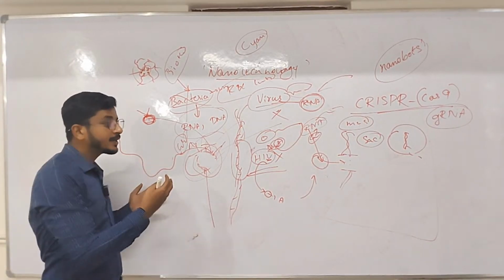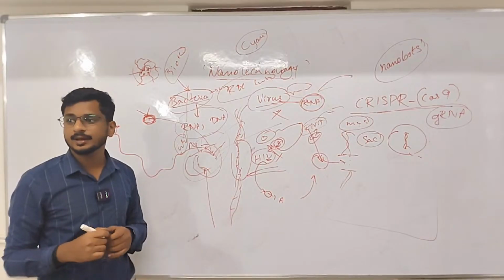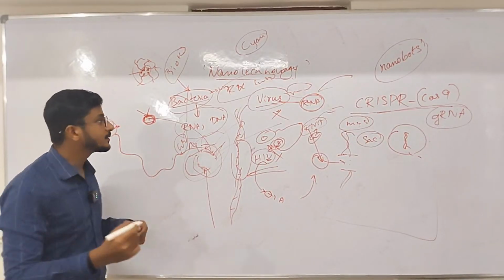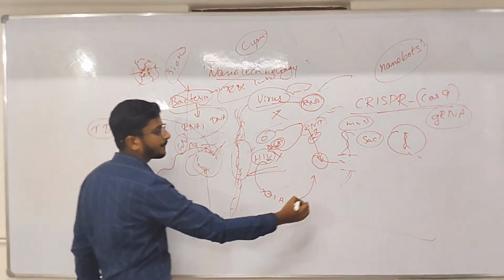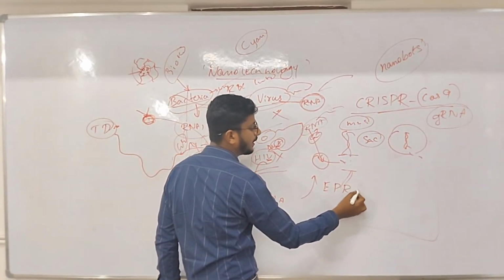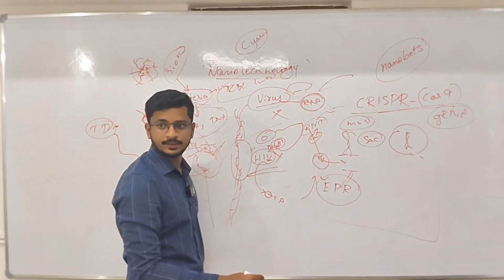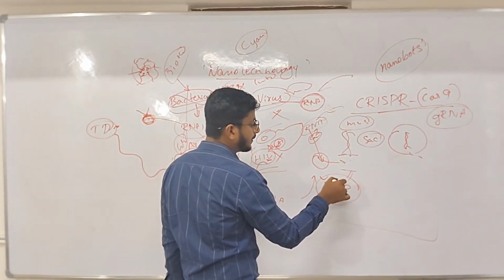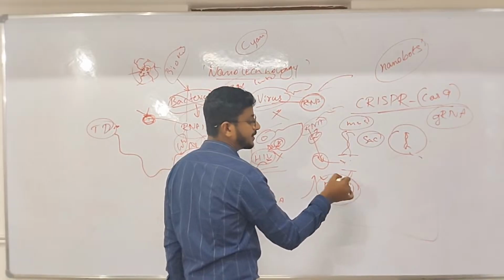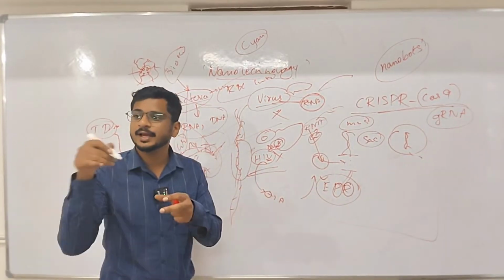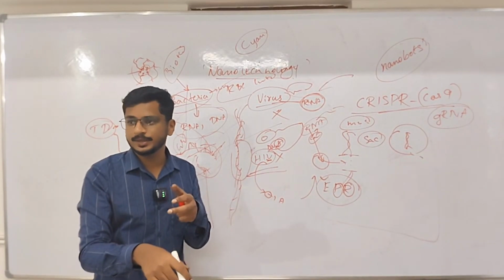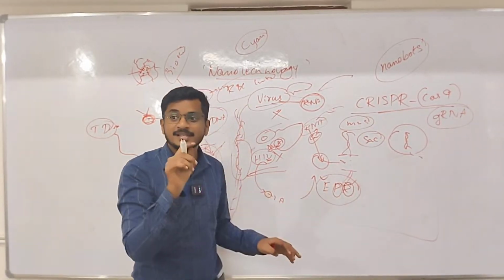Now, a tumor can also be treated like this using targeted delivery. We call this technique the EPR technique, enhanced permeability and retention. Permeability means it can get inside the cell. Retention means it will stay.